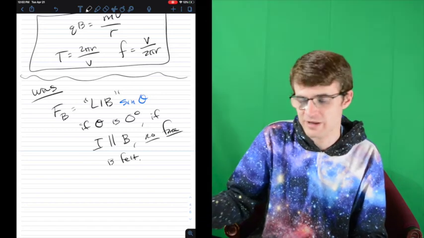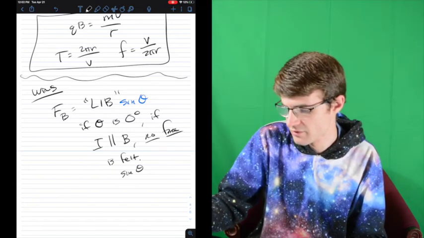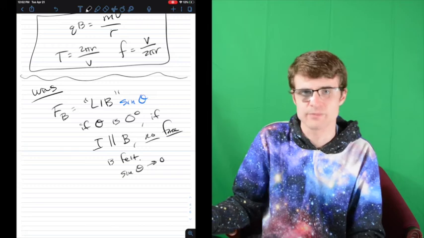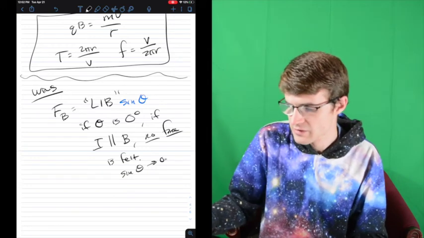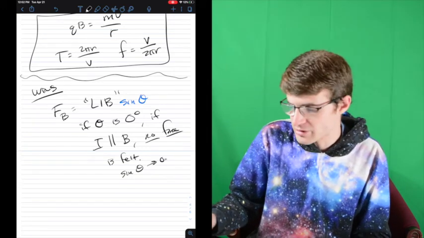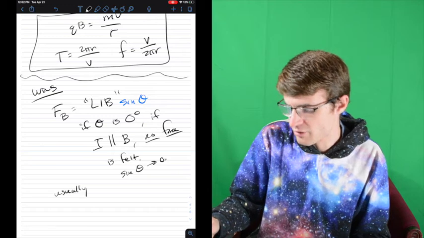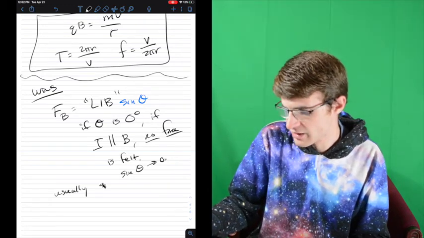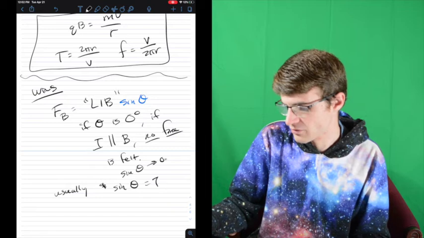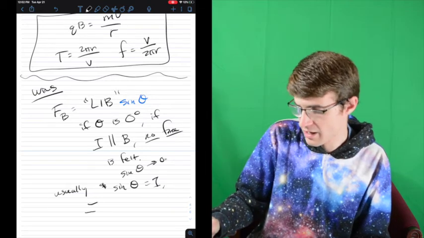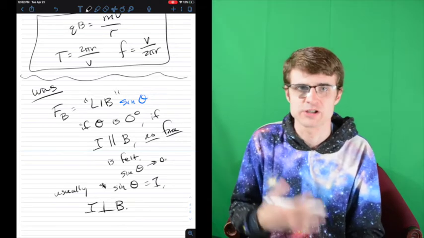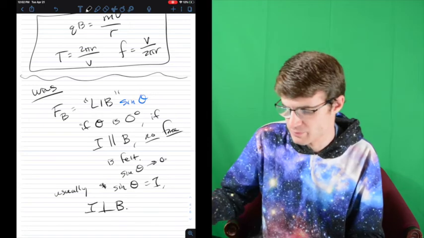And the way that works out mathematically is that the sine of theta goes to 0, because theta is 0 degrees. Usually we assume that they are perpendicular. So this is the same thing we wrote above, but usually sine theta is equal to 1 because I is set up to be perpendicular to B. So just be aware of that.